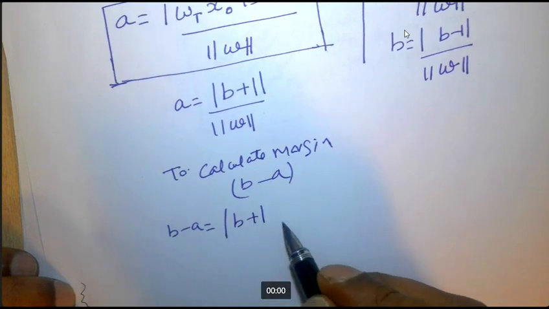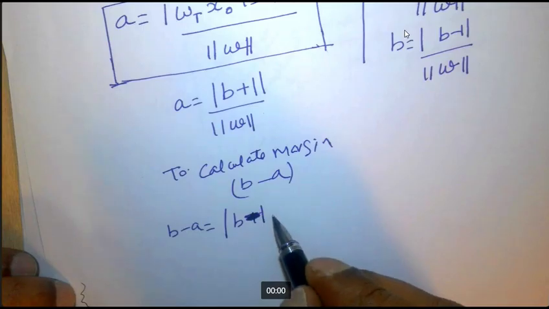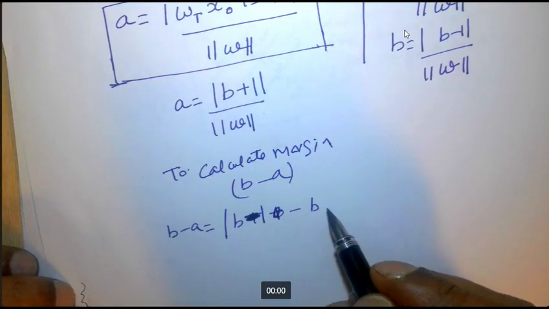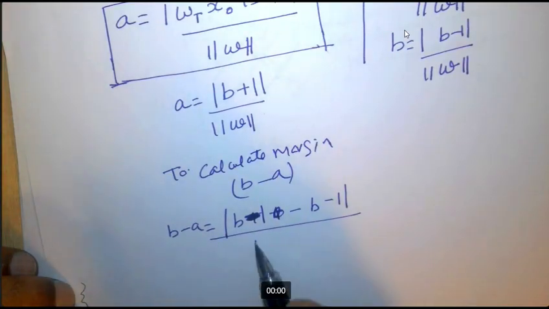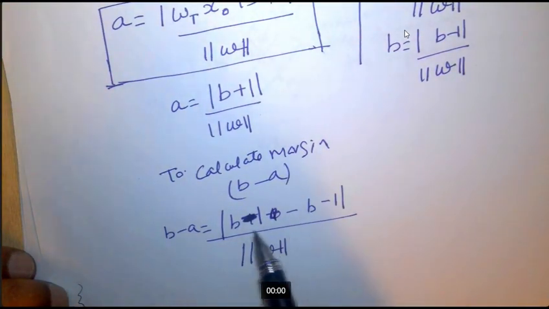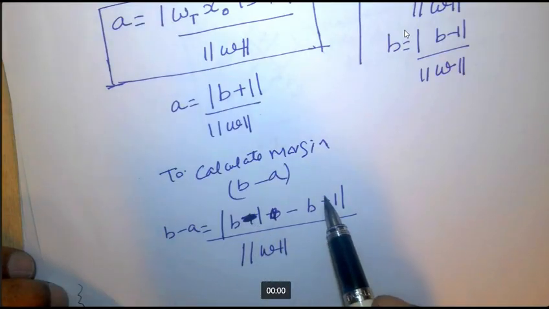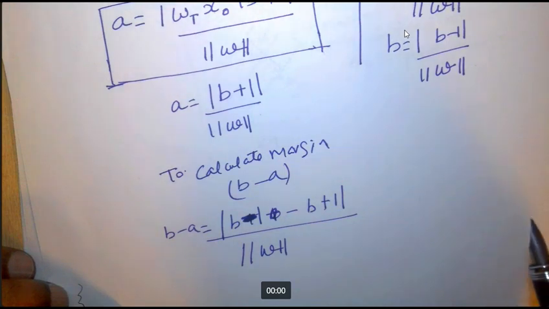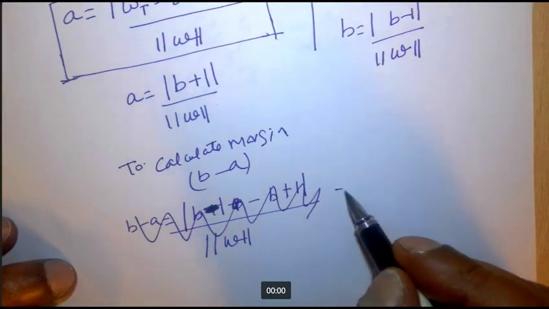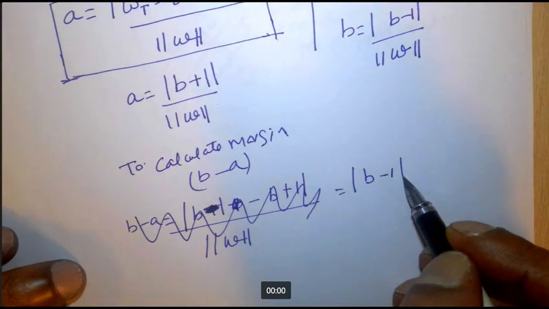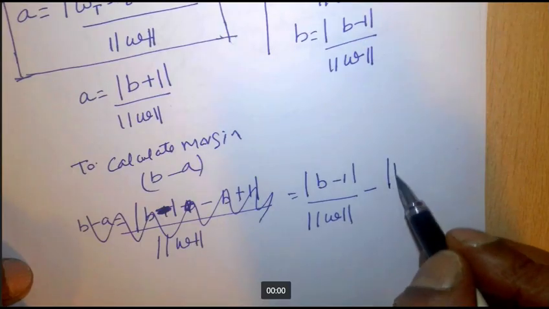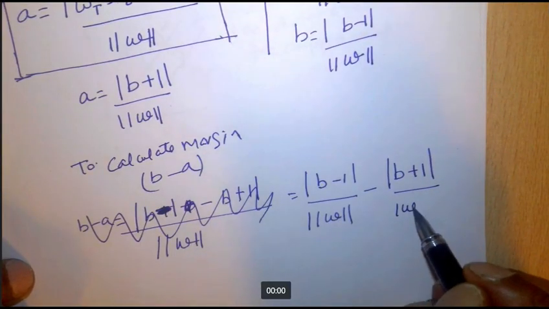Something is not correct here. Let's do this again. Let's rewrite: this is equal to (b - 1) divided by the norm of w, minus (b + 1) divided by the norm of w.